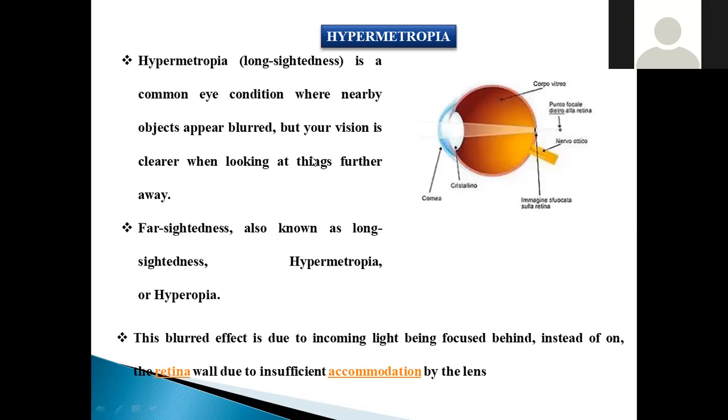Now we are going to discuss another defect called hypermetropia. Just to consolidate myopia: myopia is when a person suffering from the vision defect cannot see longer distances clearly, but clear vision of objects very near to them is possible.